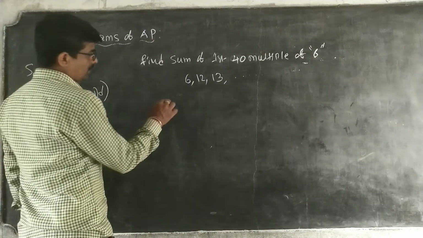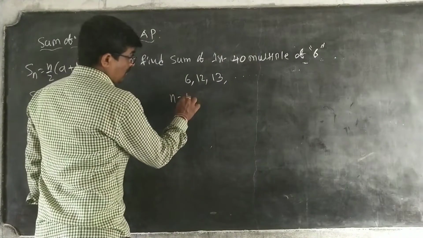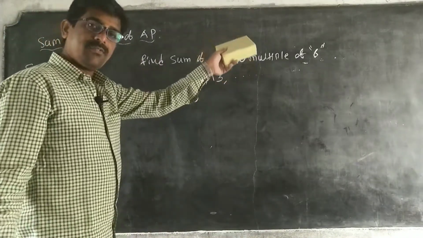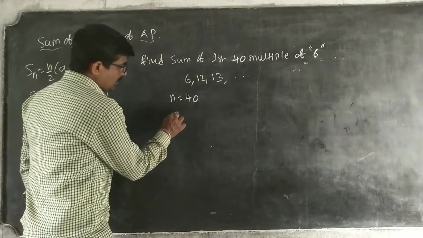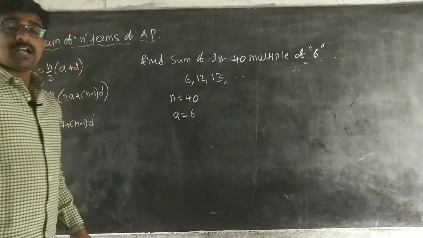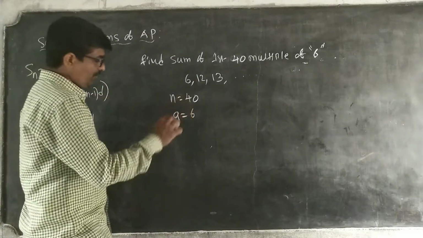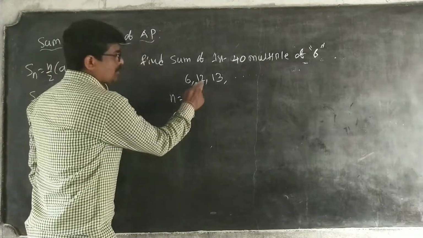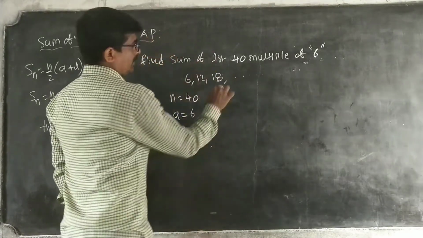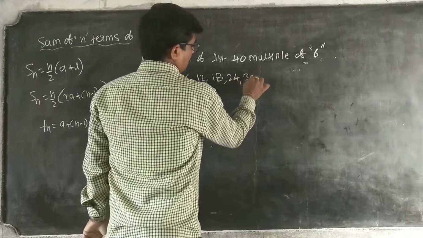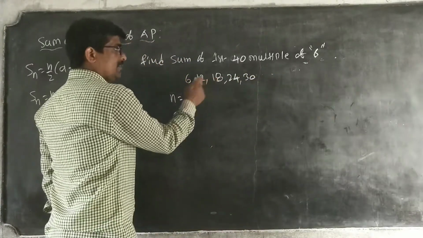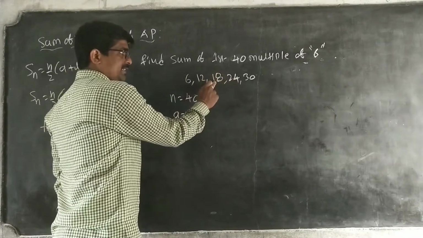So what is asked? n is equal to 40, the first 40 terms. a is equal to the first term, which is 6. Next we have to find d, the difference: 12 minus 6 is 6, 18 minus 12 is 6, 24 minus 18 is 6, and 30 minus 24 is also 6.